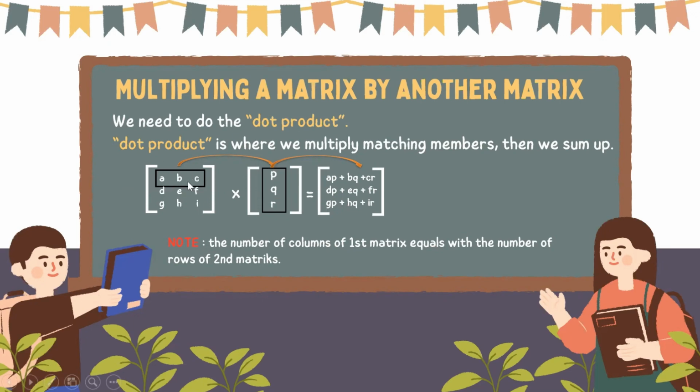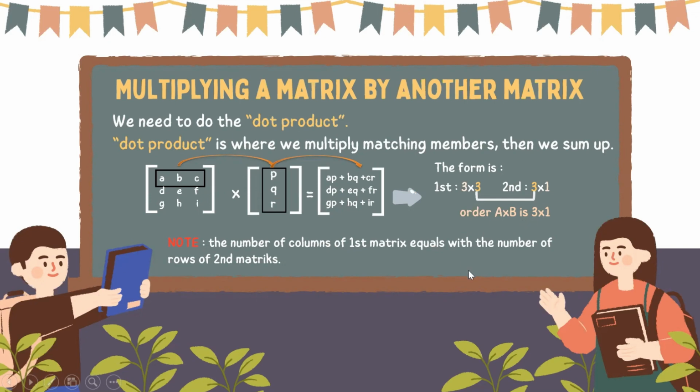Multiply the matching members, then sum up: A times P plus B times Q plus C times R and so on. So, if the order of the first matrix is 3 times 3 and the second matrix is 3 times 1, the order of the answer is 3 times 1. That is the explanation about multiplying a matrix by another matrix.